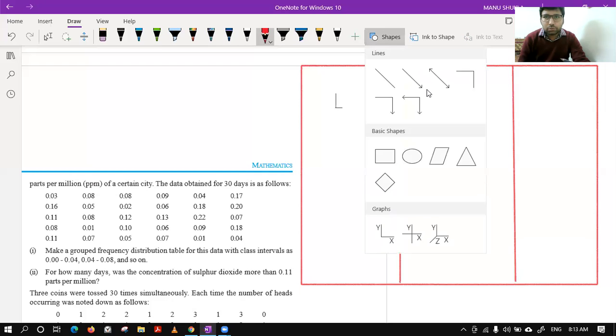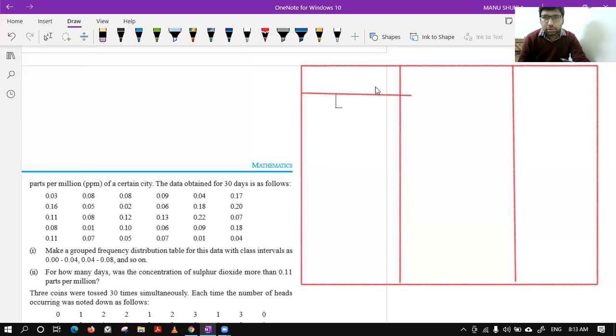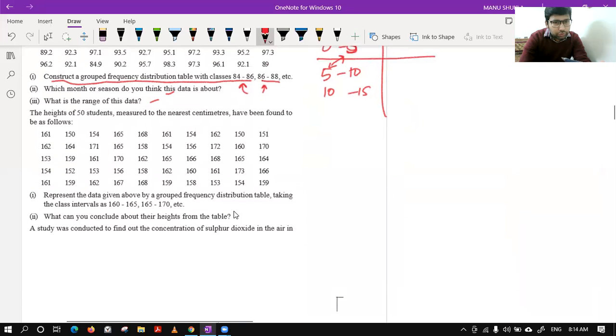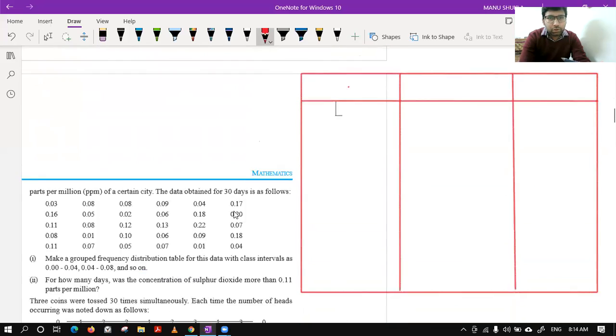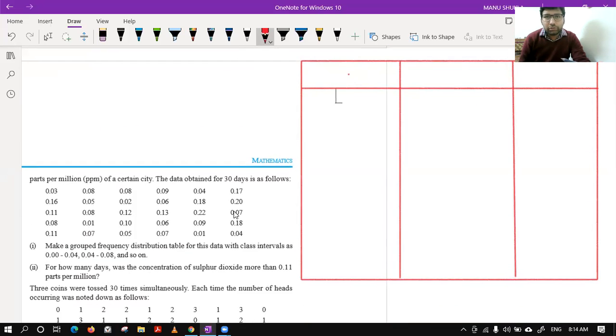Now it is fine. One more, let's take for headings. So the first you can write class intervals or concentration of sulfur dioxide in air. Then the next one is tally marks, and the third one is frequency that we have to find.